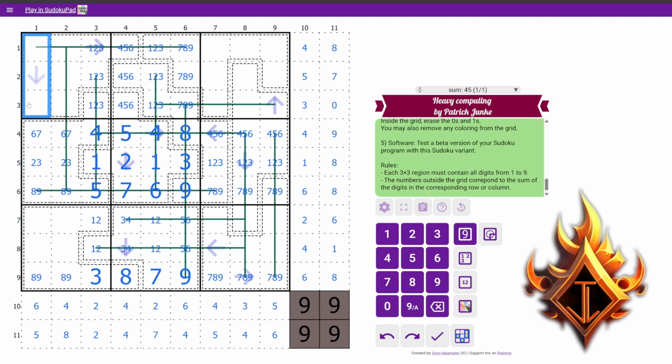So that is what we do. That is max, max, max, max. 6, 7, max. So we have 8, 2, 6.